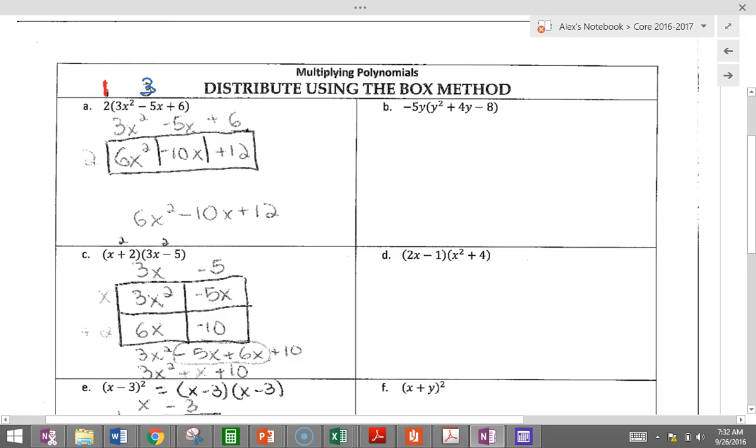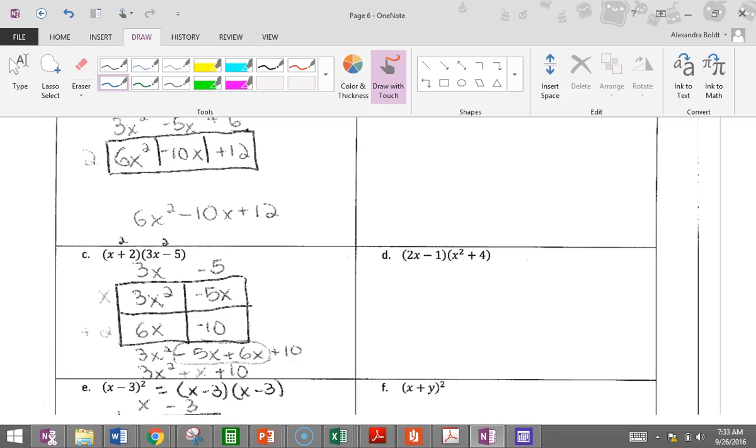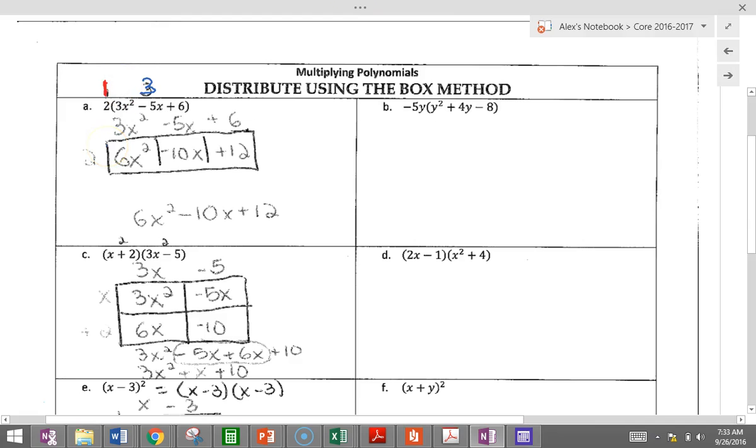So I make a box that's one box tall and 3 boxes long. On the outside, on the one box side, I write that number 2.